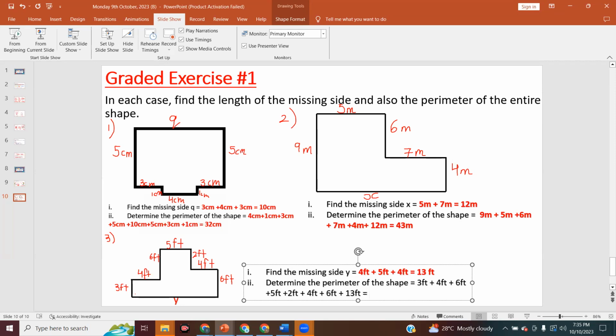We add them all together. What's the perimeter? 3 plus 4 plus 6 plus 5 plus 2 plus 4 plus 6 plus 13. It's 43 feet.